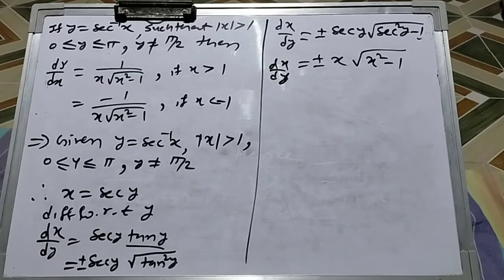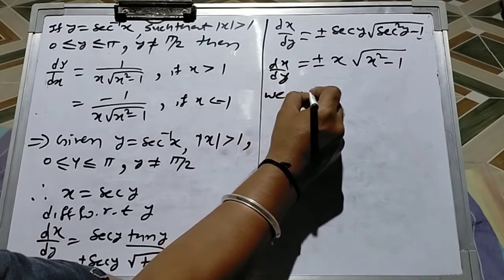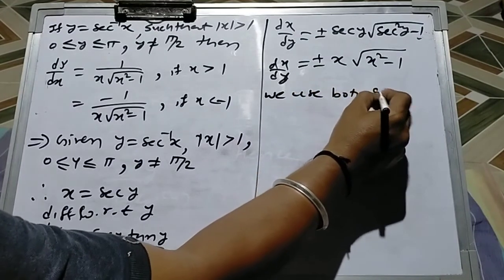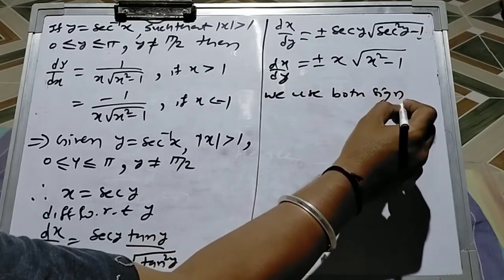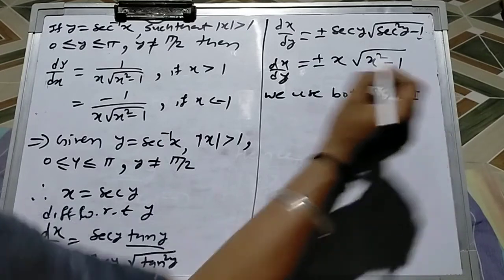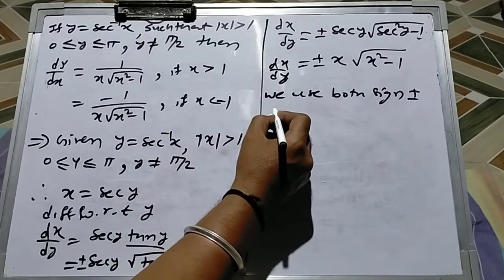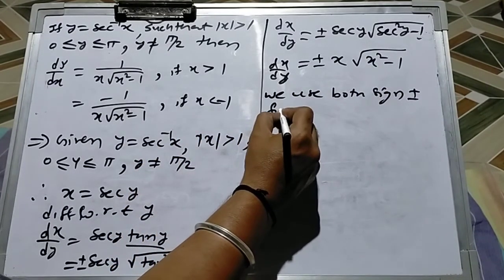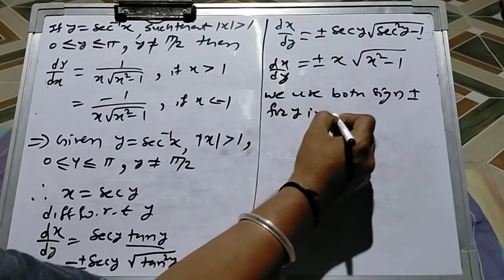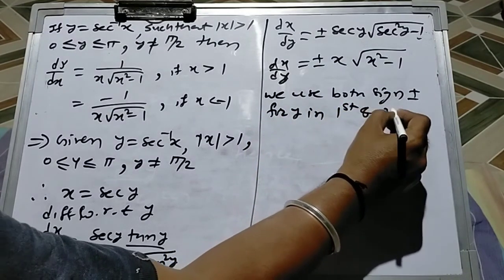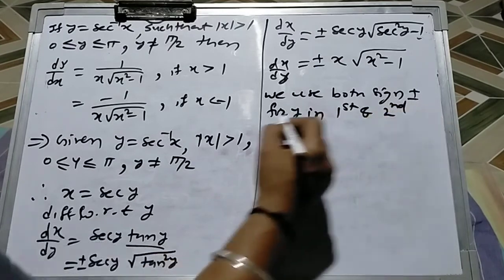So as here 0 ≤ y ≤ π, we use both signs, plus or minus, for y in the first and second quadrant.